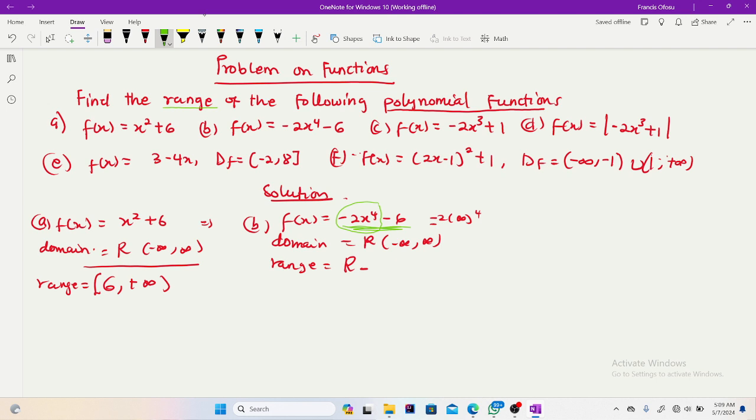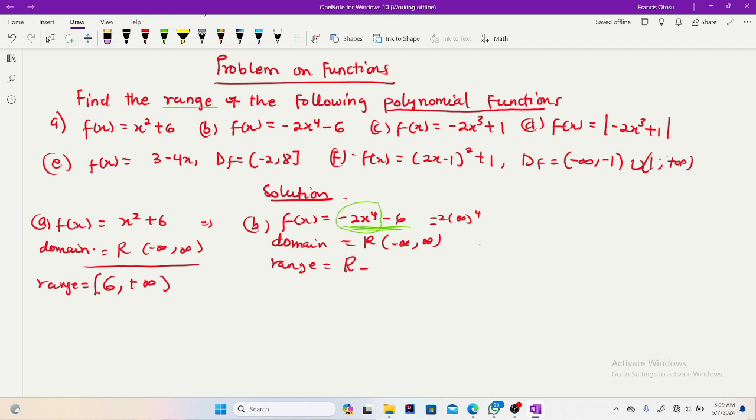So if I put in 0, I'm getting negative 6 as the maximum. But I can still have inputs which are far less than 0, and it will still go to negative infinity. So obviously our range is simply negative real numbers, which is represented as R minus.